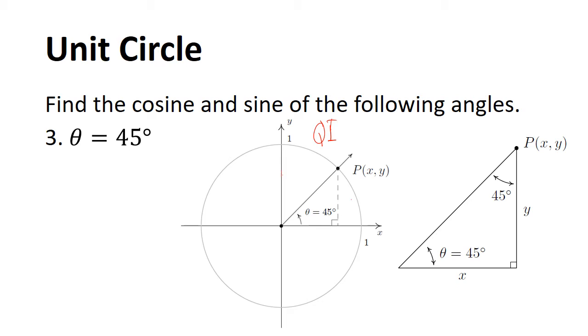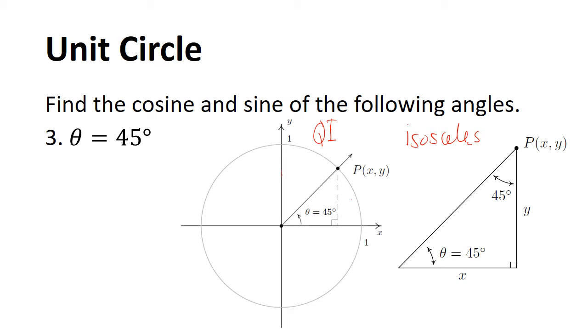And alam natin from geometry na this triangle is what we call an isosceles right triangle. And when we say isosceles right triangle, it has two equal angles, and the sides opposite those equal angles are also equal.